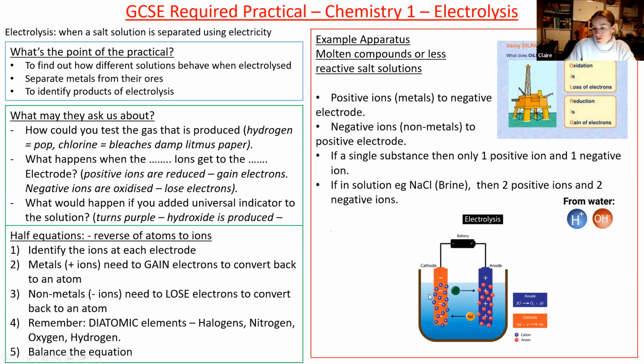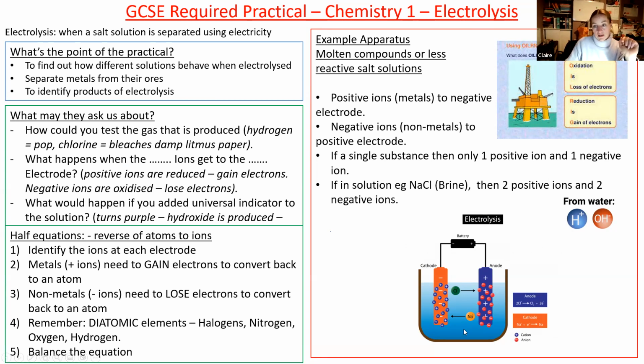At the negative electrode, the positives always get attracted, and the positives are always metals. They gain an electron to become an atom again. So they are reduced. Remember, metals are attracted to the negative, and they are reduced because they gain electrons.